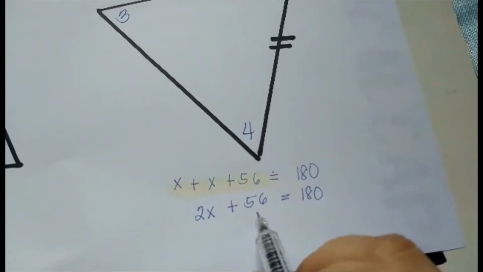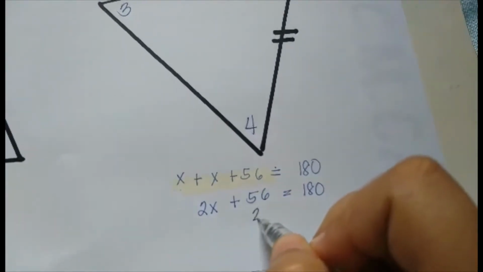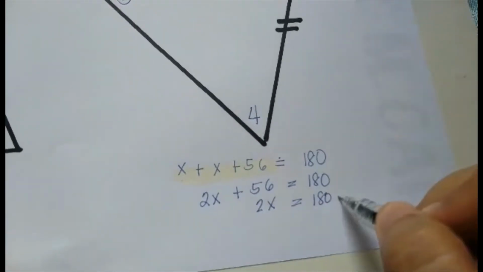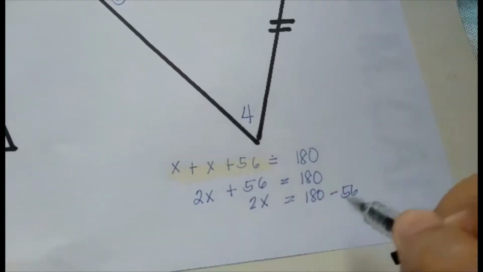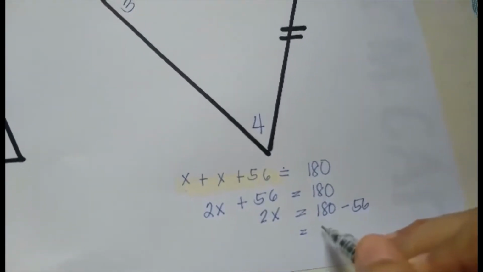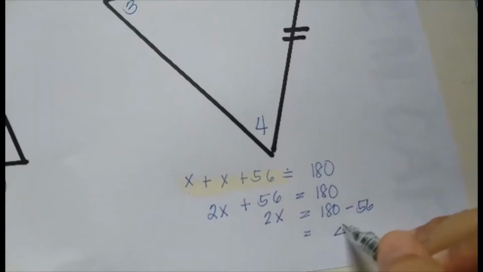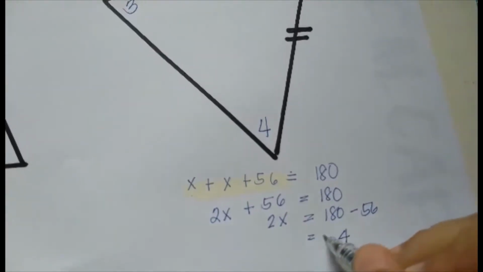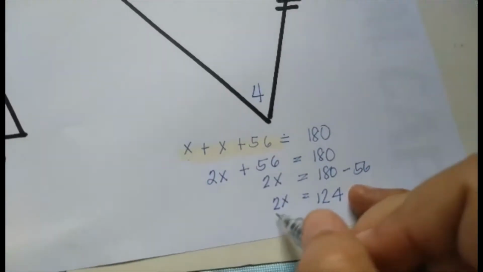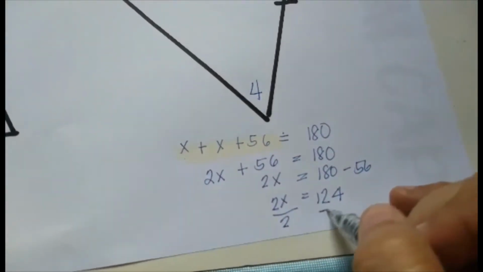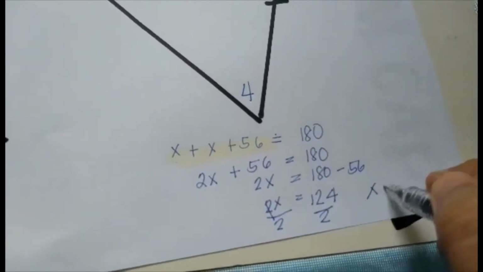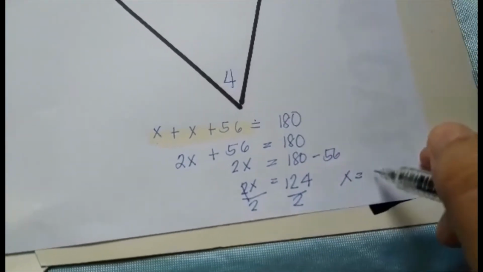Using the subtraction property of equality, we have 2x equals 180 minus 56. So 180 minus 56 will give us 124. Then copy 2x. Using the division property of equality, we divide both sides by 2. So the value of x is 62.